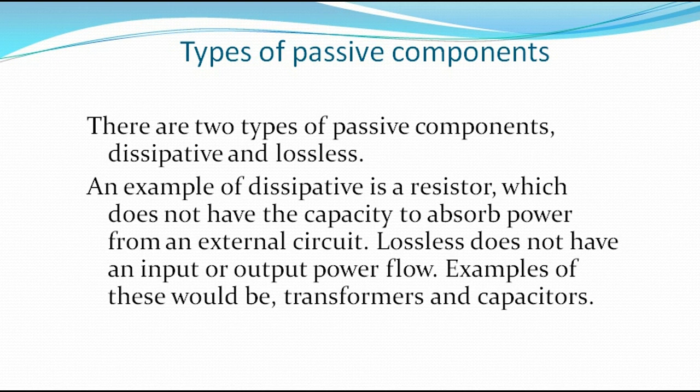Let me explain a little bit of these two examples of lossless. In transformers, we have the auto transformer. We also have types of auto transformer. The one that is used in AC, you will find in a stabilizer.